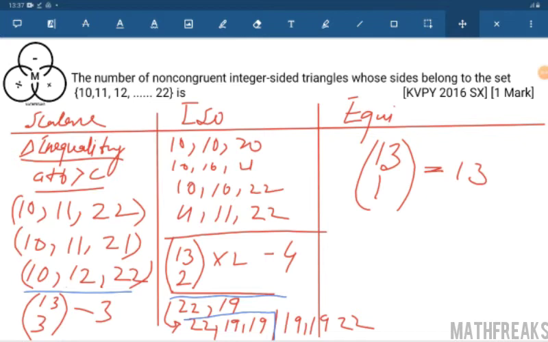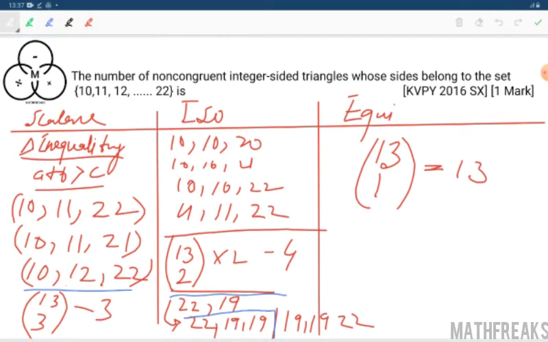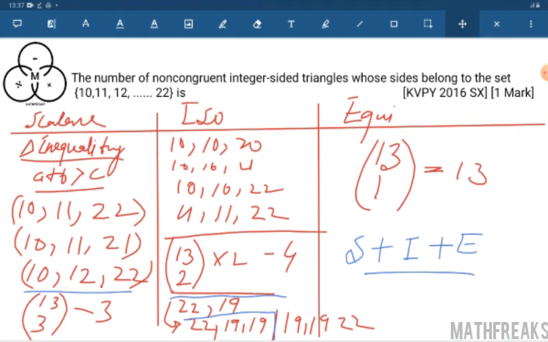Using the two elements we can have two isosceles triangles. You need to calculate, and then just add the cases of scalene, isosceles and equilateral triangles, and you will get the answer. That's not my part.